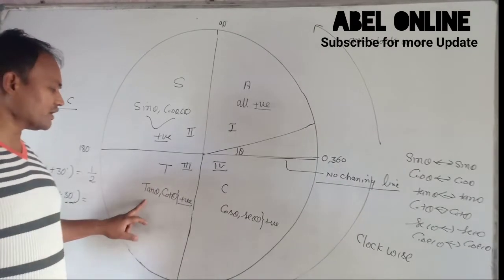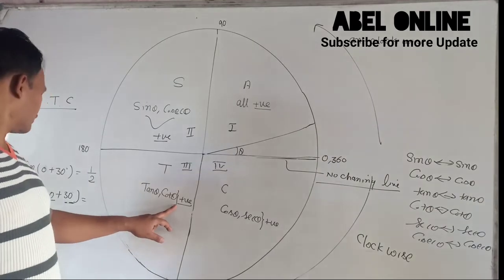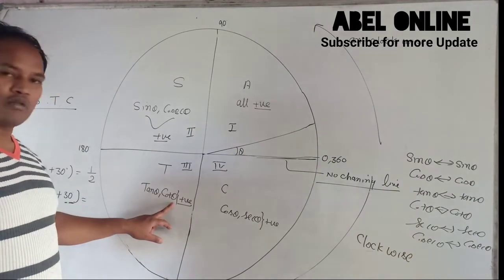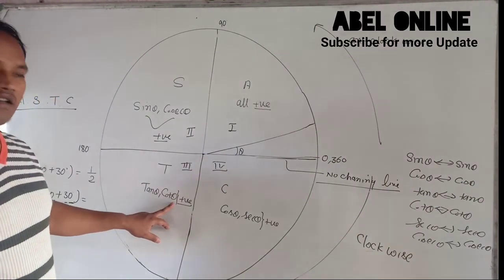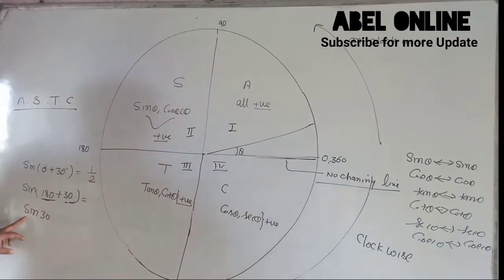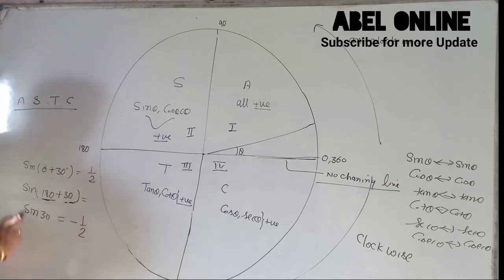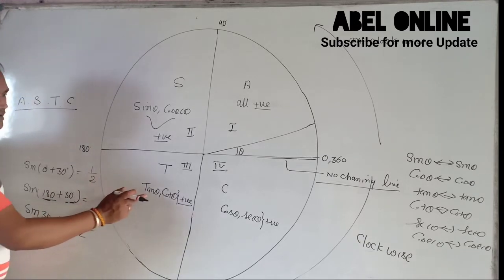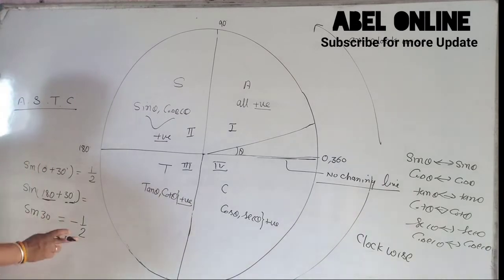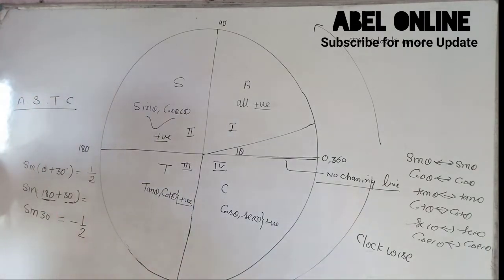In the third quadrant, tan and cot are positive. Rest all the values are negative. So sin 30 degree means the value of sin 30 is 1 by 2, but the value is negative because this is in the third quadrant, and in the third quadrant only tan and cot are positive. So sin 180 plus 30 degree equals minus 1 by 2. This is a negative value.